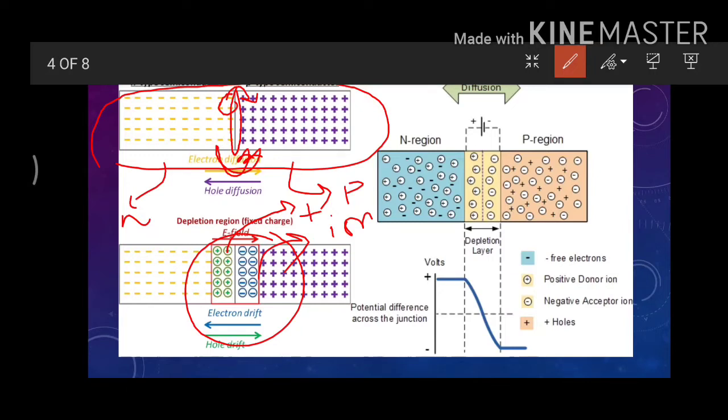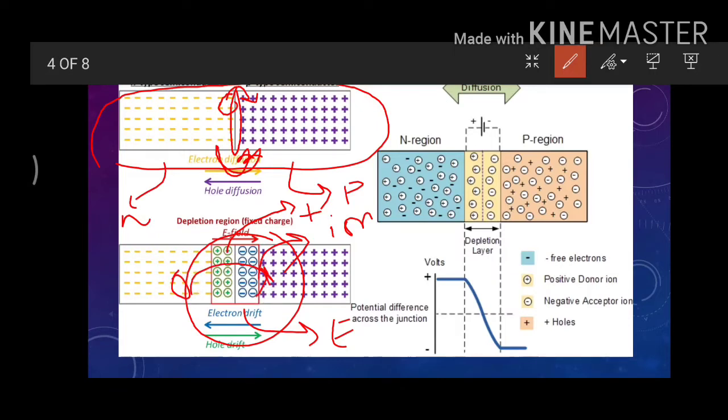And similarly, the atom which is donating an electron has an extra proton compared to electrons, and hence it gets a positive charge. This migration of electrons continues until the electric field of the depletion region becomes so strong that it does not allow more electrons to move to this region.